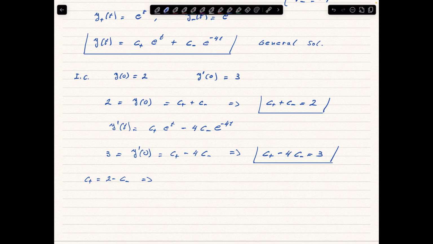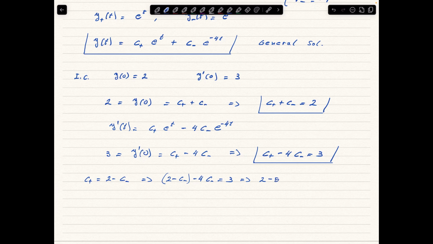and we put that into the second equation. So we have 2 minus c minus minus 4c minus equal to 3, which is the same as saying that we have positive 2, and then we have here negative c minus, and here we have a negative 4, so it's negative 5.